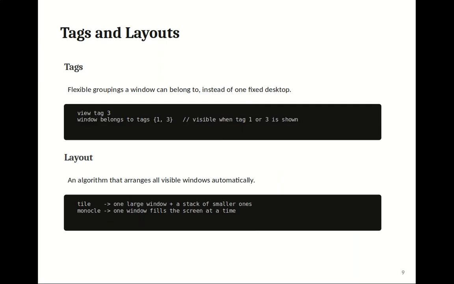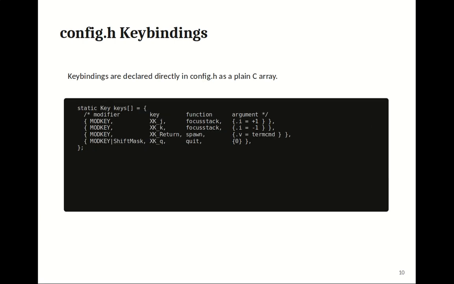Tags and layouts. Tags: flexible groupings a window can belong to instead of one fixed desktop. Layout: an algorithm that arranges all visible windows automatically. Config.h key bindings.